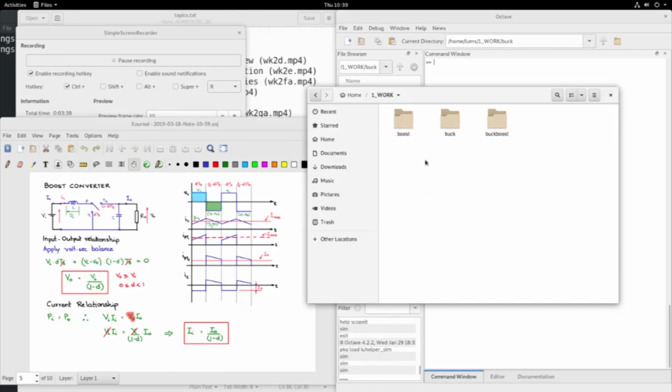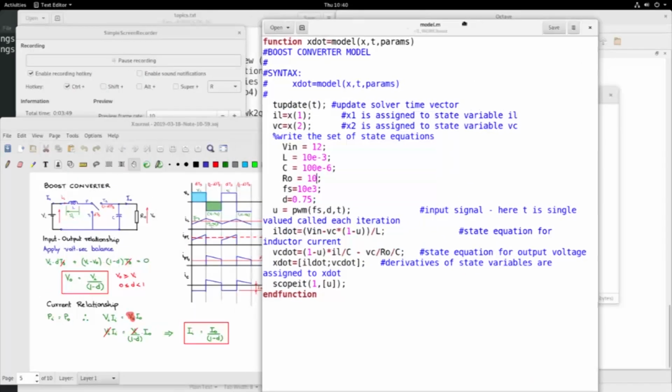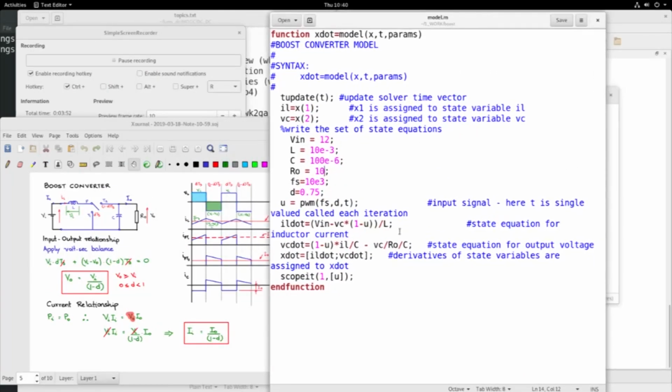In a similar way, one can also do the equation-based simulation for the boost converter circuit. Let me open the model file relating to the boost converter circuit, and we have discussed the boost converter, and you will be able to appreciate the equations here. See, IL dot is V in minus VC multiplied by 1 minus U. So when this switch is on, U is 1.